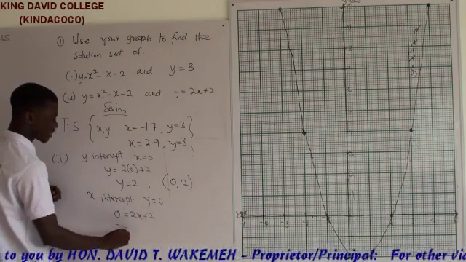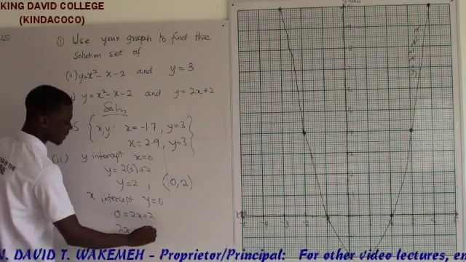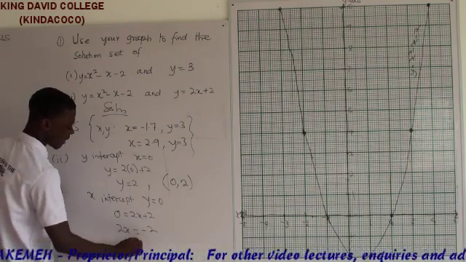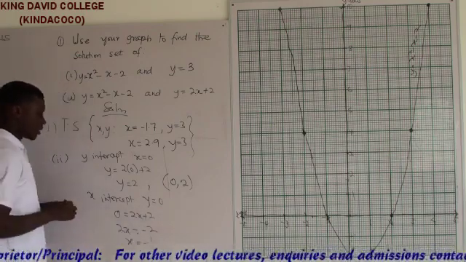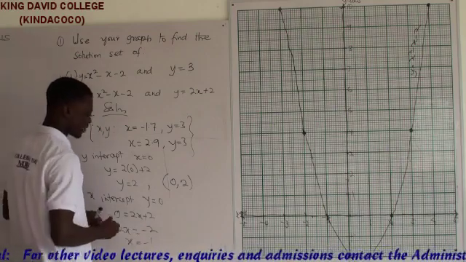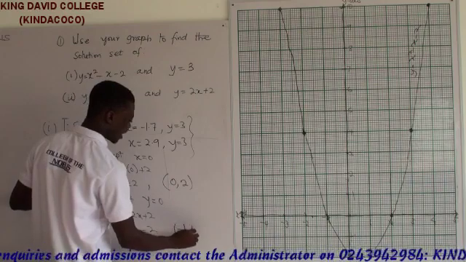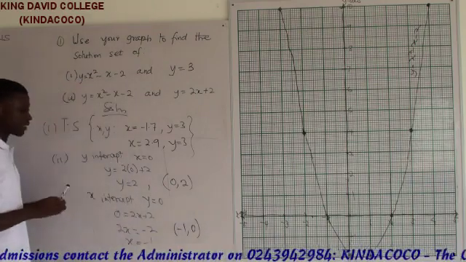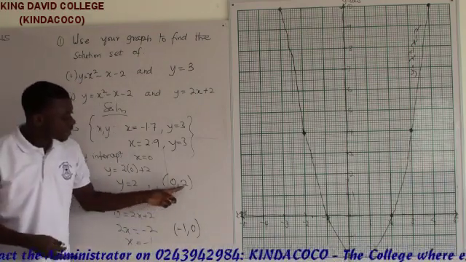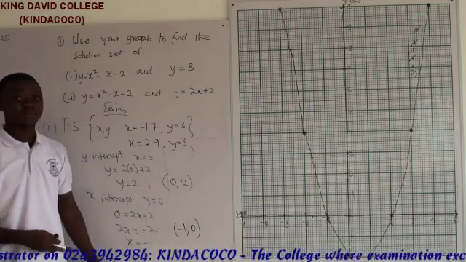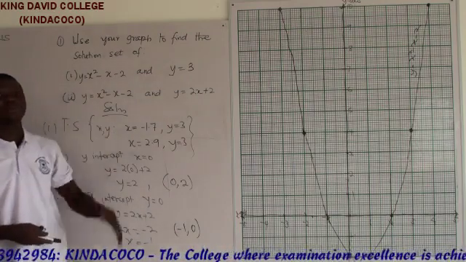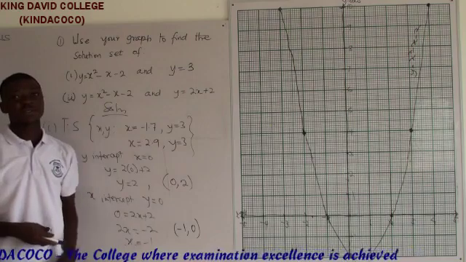So 2x is equal to what? Negative 2. Hence my x is what? Minus 1. So at this point as well, we have another point: when x is minus 1, y is 0. So now we have these 2 points, 0 and 2, minus 1 and 0. When we get those 2 points, we can easily plot the line y is equal to 2x plus 2.